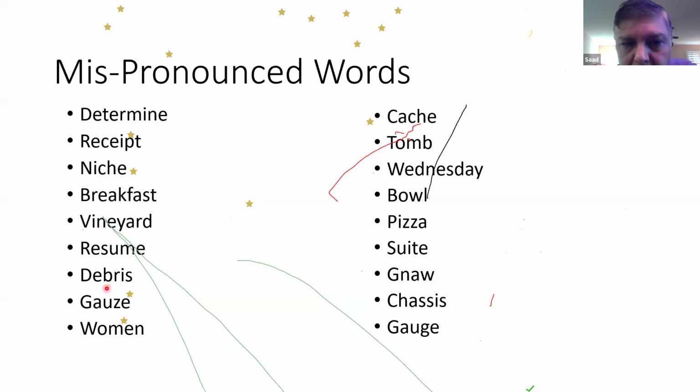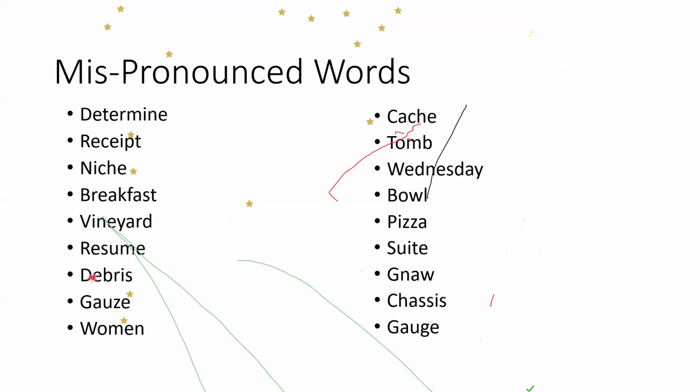This one. Can you please pronounce? Sir, it's debris. Abdullah, this one. Sir, I think it's debris. Kulsum, yes. It's debris. Maybe. No, it's not debris. Sir, may I?